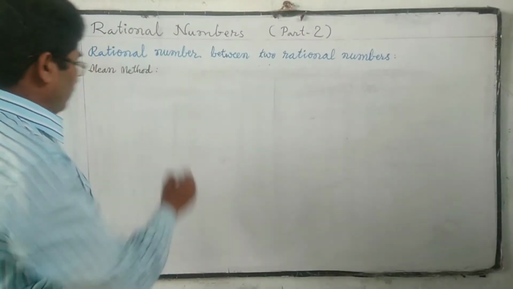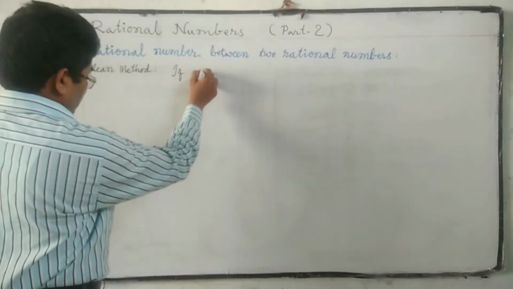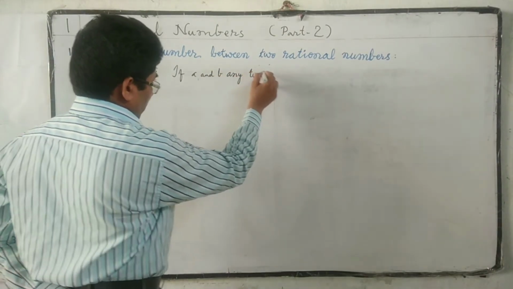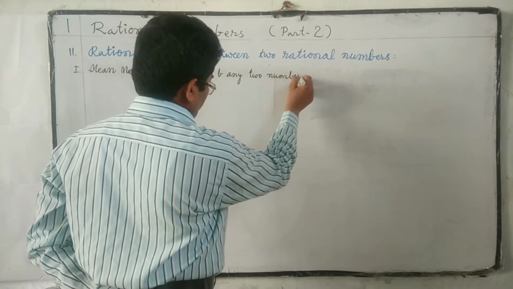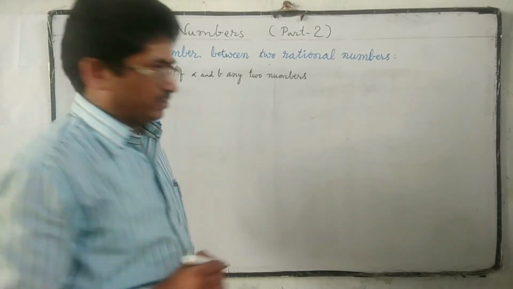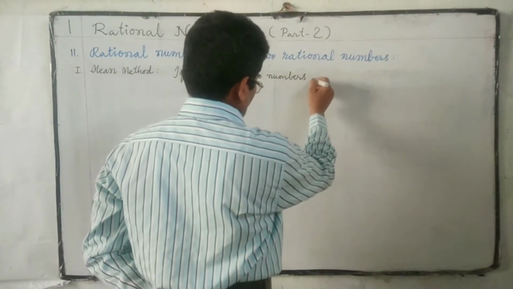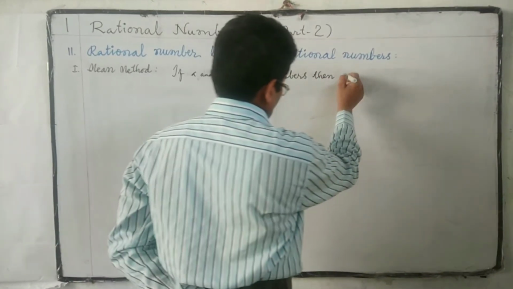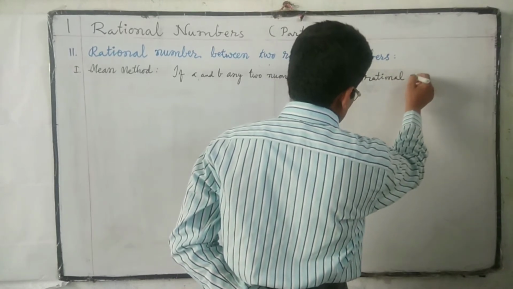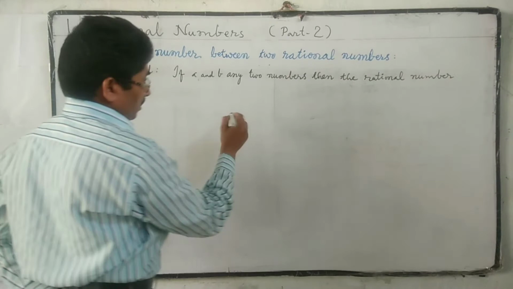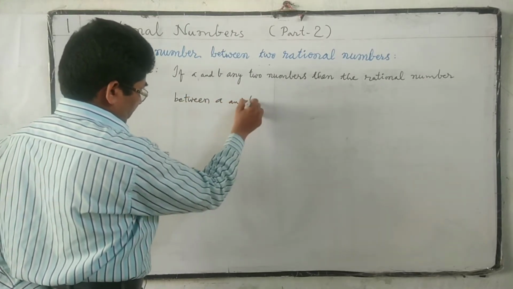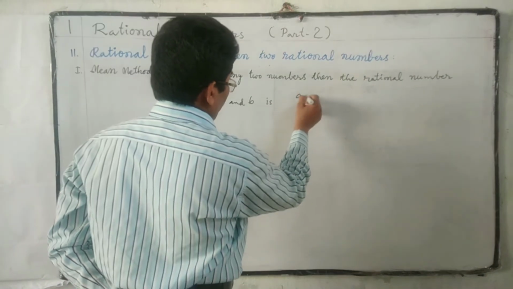In this method, if A and B are any two numbers, either natural, whole, integers or rational numbers, then the rational number between A and B is (A plus B) by 2.